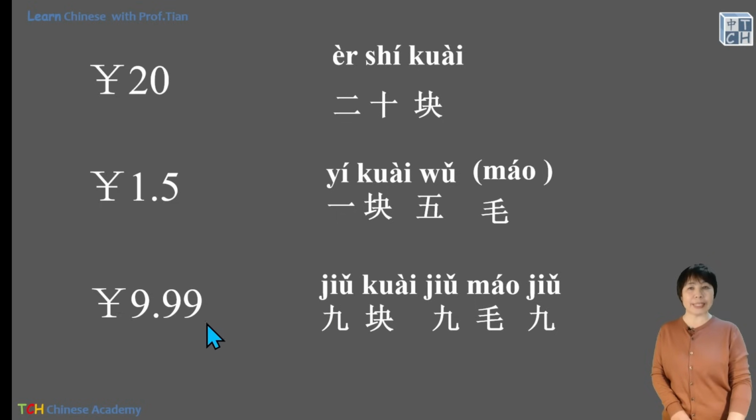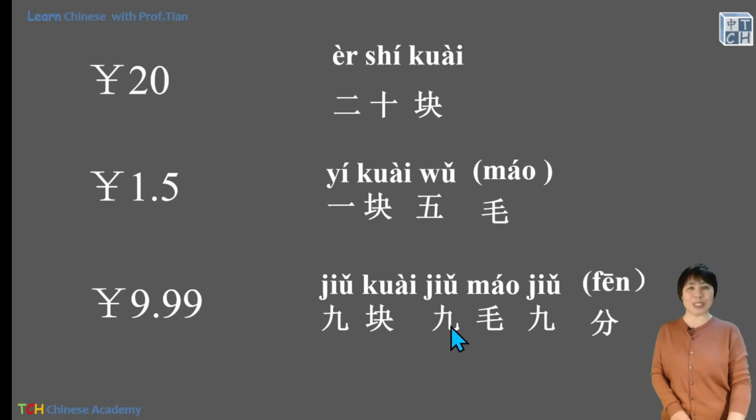9块, that's this part, and 9毛, that's this part, 90, and 9 is the last unit. So 9块, 9毛, 9分. In the same way, we can omit the last unit. Just say 9块9毛9.